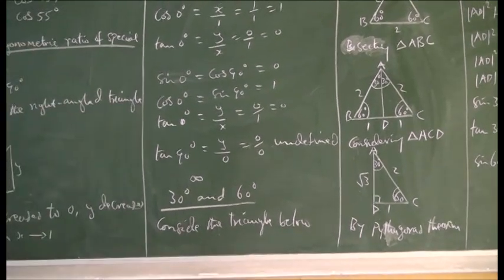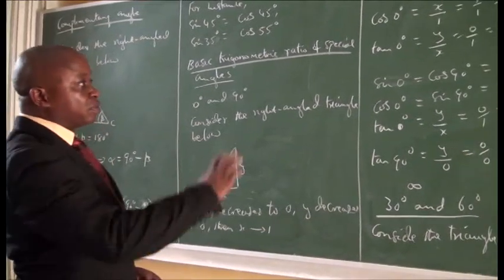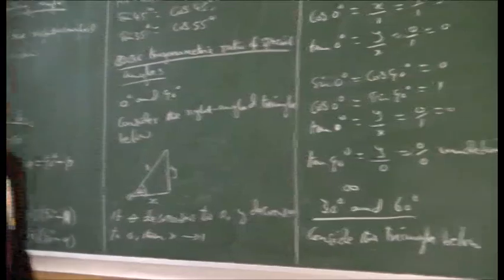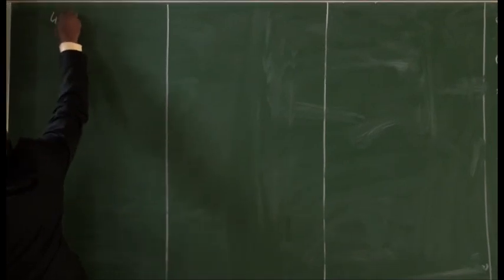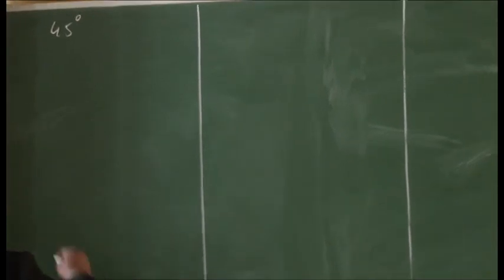We can also extend it to other angles so that we can then put them all together in a table. So the next is 45 degrees. Let's look at angle there in 45 degrees.